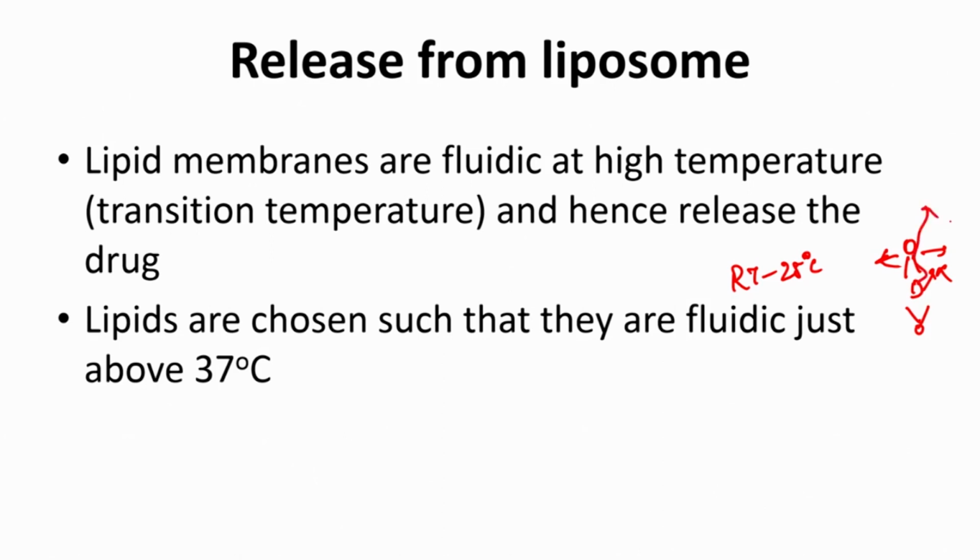So, you use lipids which have a Tm of about 37 or higher, and once you inject it in the body they will start to release the drug. The higher the Tm, the slower the release of the drug.